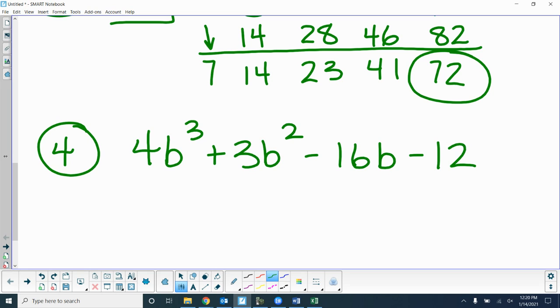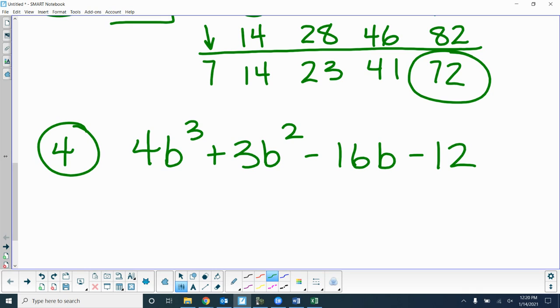So what is always the first thing we look for if we're supposed to factor? GCF, very good. Greatest common factor. Greatest means the biggest common factor, right? Yep. So looking at all 4 of those terms, is there a greatest common factor? No. So since it has 4 terms, what do we call this type of problem?